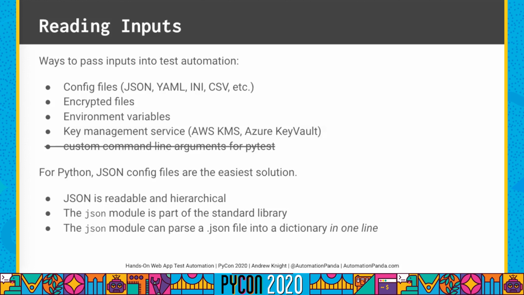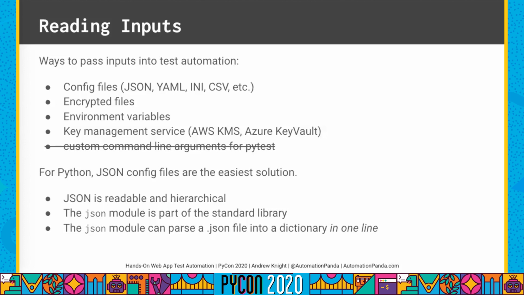A more robust and serious solution would be to use a key management service, like AWS KMS or Azure Key Vault. Key managers store secrets in safe places. Automation can make authenticated calls to retrieve the secrets. However, for smaller automation projects, this might be overkill.